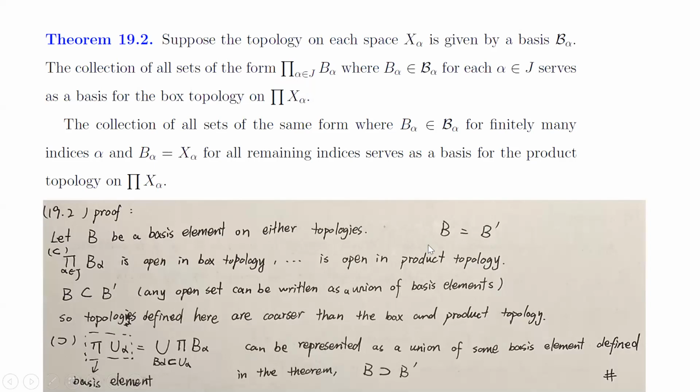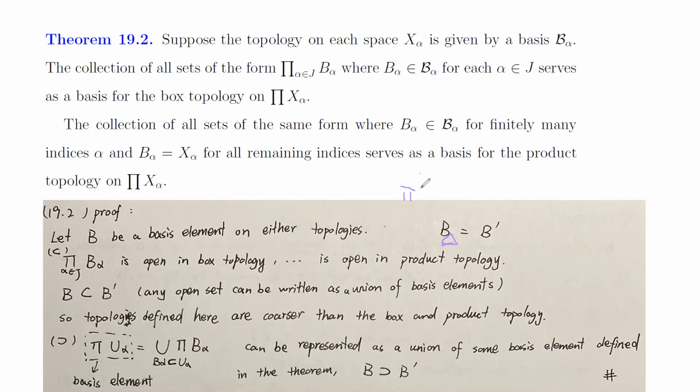I'm basically proving this new form of basis is exactly the same as the basis we have defined in previous pages. And this B here, like the basis we have already defined, is written as the Cartesian product of the U alpha.